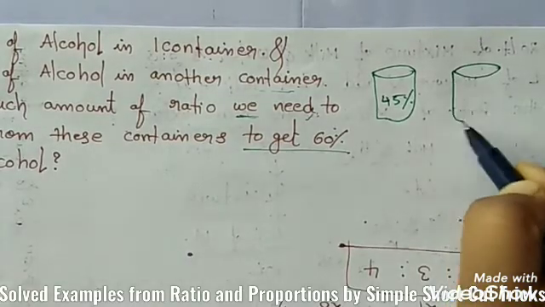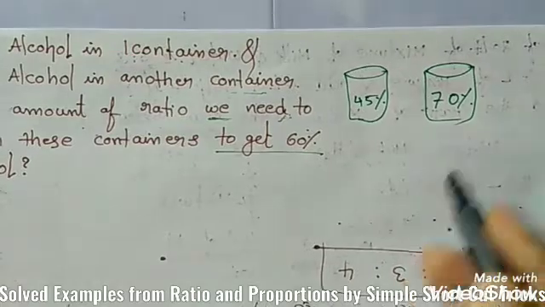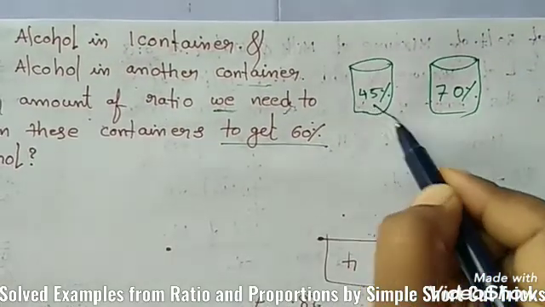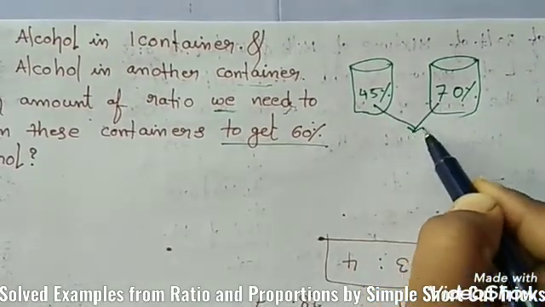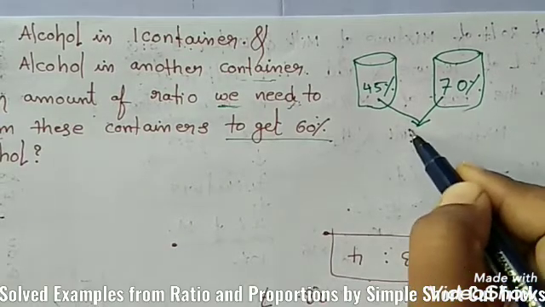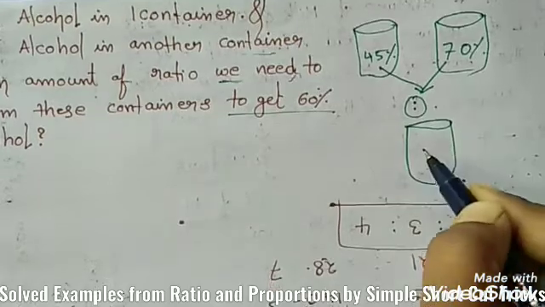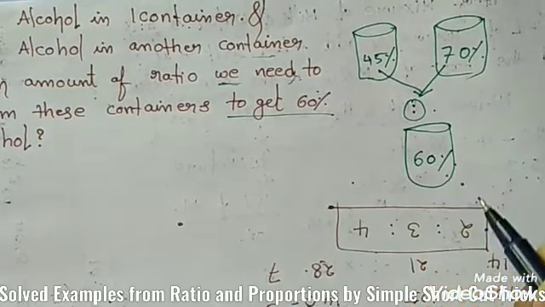Here is another container which is having 70% of alcohol. So from these two containers, in what ratio do we need to take just to get another container which is having 60% of alcohol.